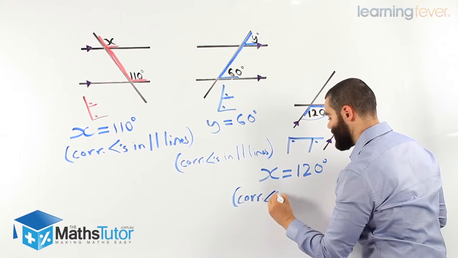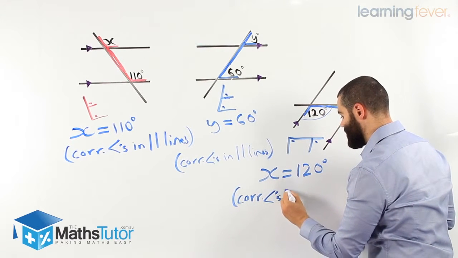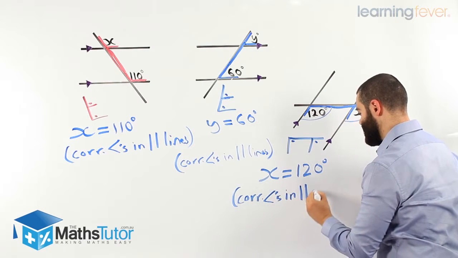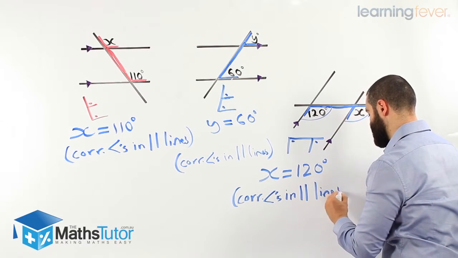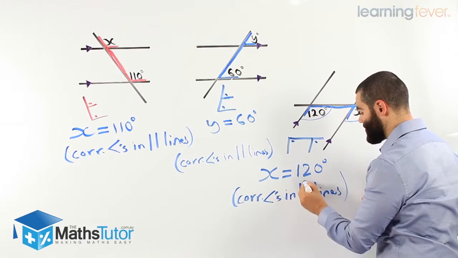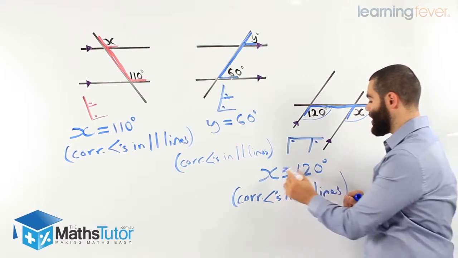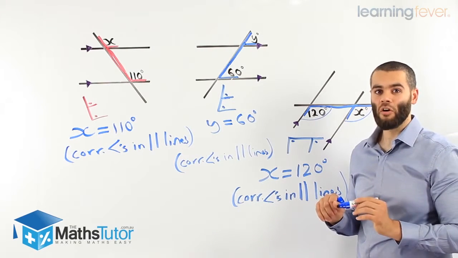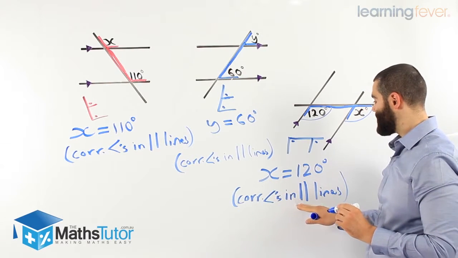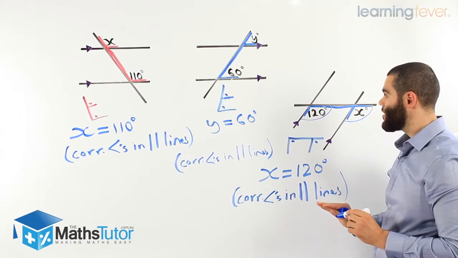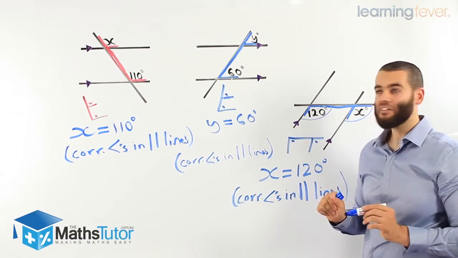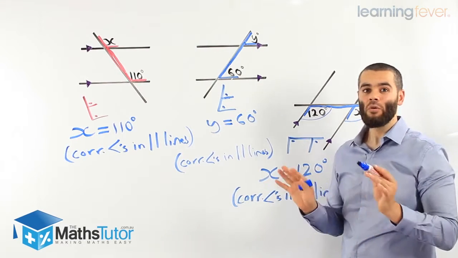And of course our reason all the time, corresponding angles in parallel lines. And of course we always use a parallel sign. Corresponding angles in parallel lines. X is 120, we are using the corresponding angle reason. We've justified our answer and this way we will get full marks no matter what shape or how it looks like.